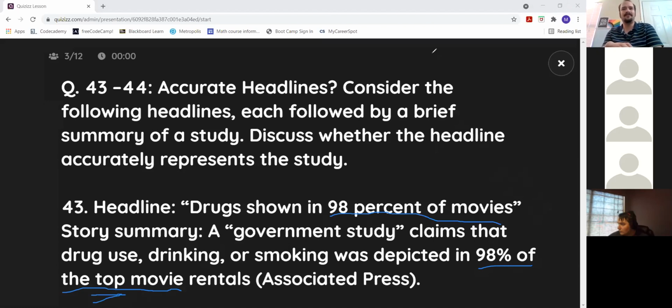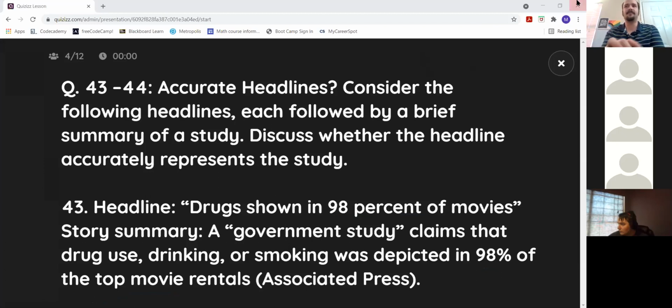Are there any questions about this? The Associated Press. Usually when you see the Associated Press, you can believe them. It's been verified pretty well. Any questions?